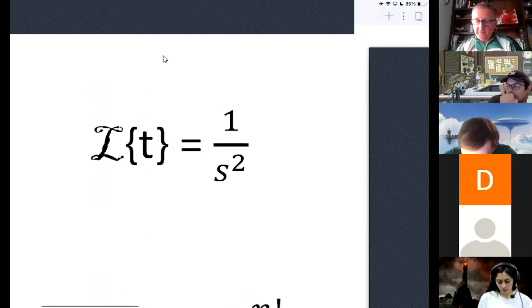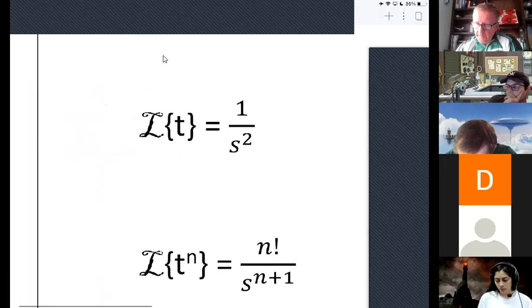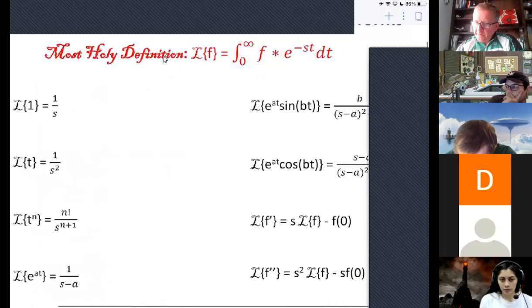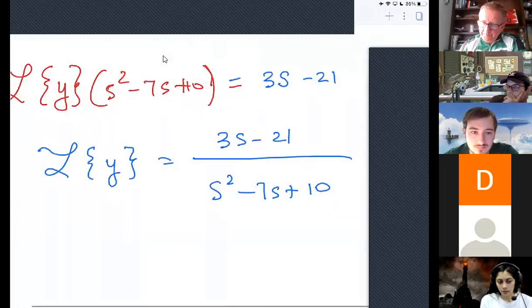Or we say, no, that's not what's on the other side. It's 1 over s squared. Oh, okay, well, then our answer is t. Remember, we're trying to find y. All we have to do now is get the right side to look like what we see in this table. So we're almost there, but it just takes a little bit of algebra. Now that's a little messy, so let's go work on that.